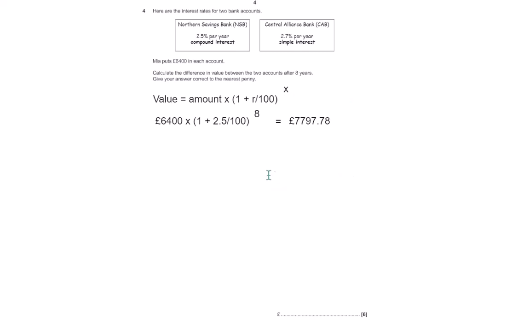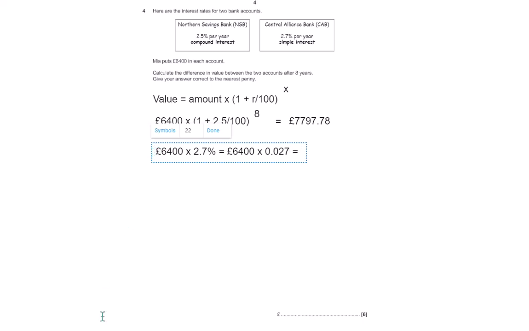Now the Central Alliance Bank will give you 2.7% per year simple interest. So what's the amount per year? Well, we have £6,400 times 2.7%, which is the same as 6,400 times 2.7% as a decimal, and as a decimal it's 0.027.